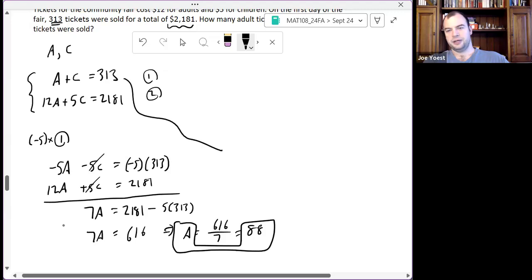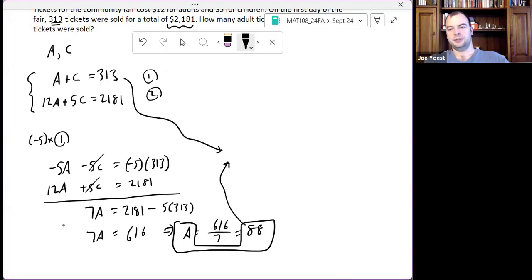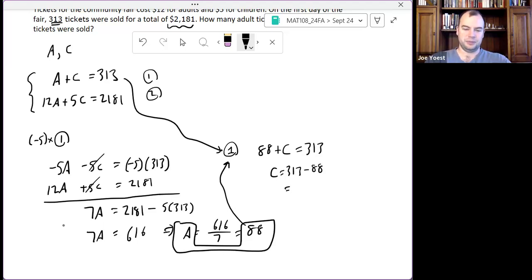And then we can come up here, and equation 1 seems like the easiest one to use. Plug 88 into equation 1. 88 plus C equals 313, and C equals 313 minus 88, or 225.